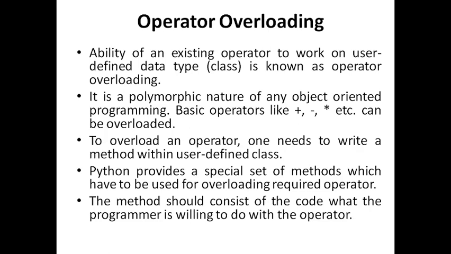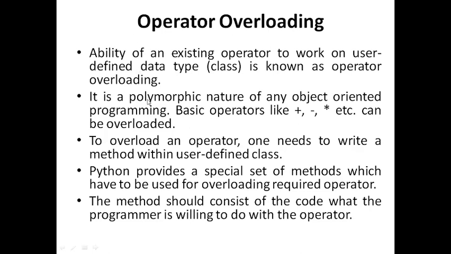P1, p2 in the previous example, point 1, point 2, these are user defined data types. They are nothing but class objects. So the existing operators, that is addition, subtraction, multiplication, division, have the ability to work on these user defined data types.